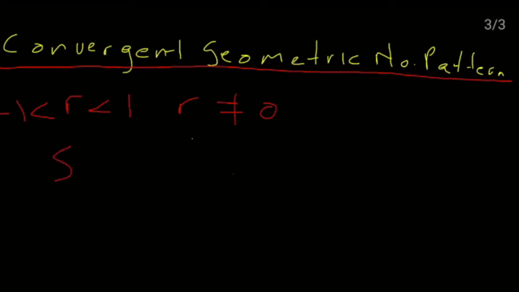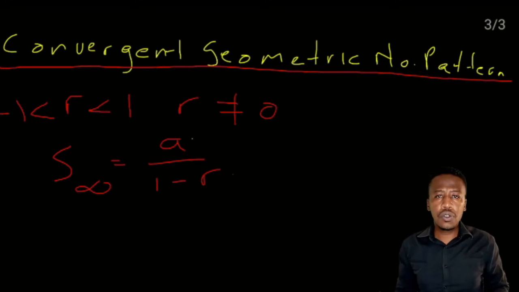And whenever this holds, your sum to infinity equals a over 1 minus r. So these are the formulas that you are going to use whenever you do number patterns.